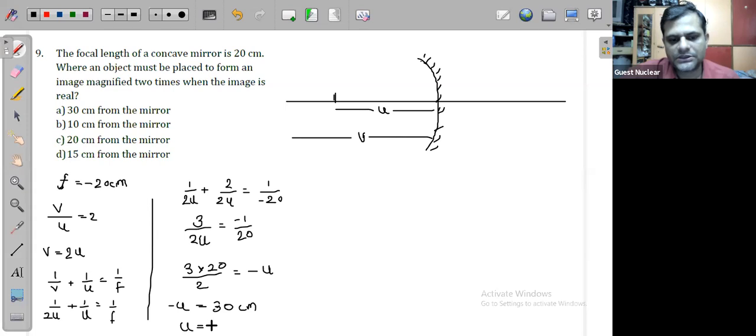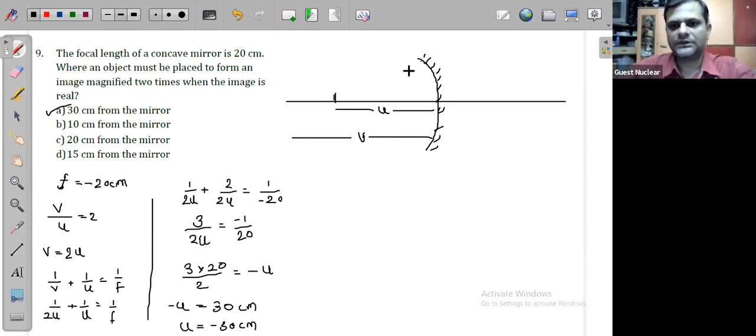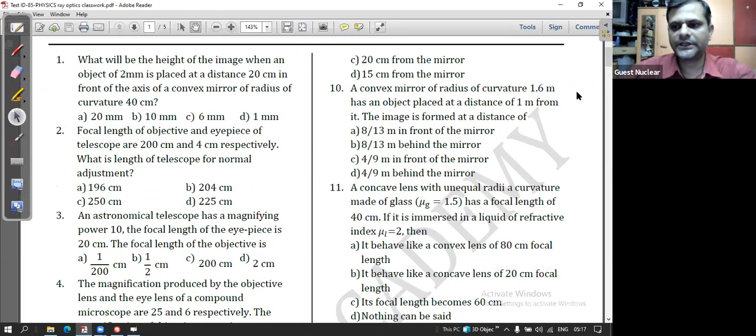So U must be minus 30 centimeter. Obviously U has to be negative. So the object must be placed at 30 centimeter from the mirror. That is going to be the correct option. Yes, let us see the next question then. Question number 10 here.